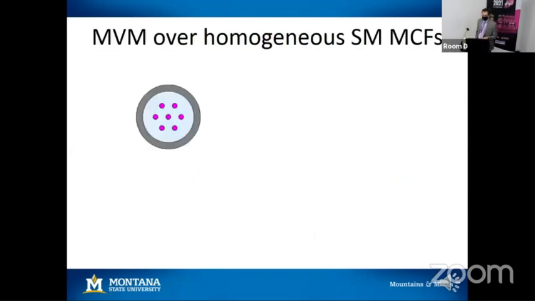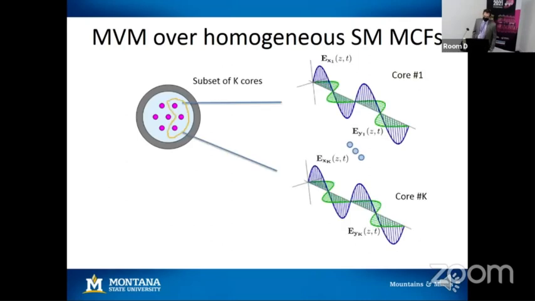Okay, here is a typical multi-core fiber. Without loss of generality, I will assume that we have a homogeneous single-mode core multi-core fiber. But what I'm going to discuss applies also in multi-mode fibers as well as in free space propagation with orthogonal mode sets. So you have a number of cores at your disposition.